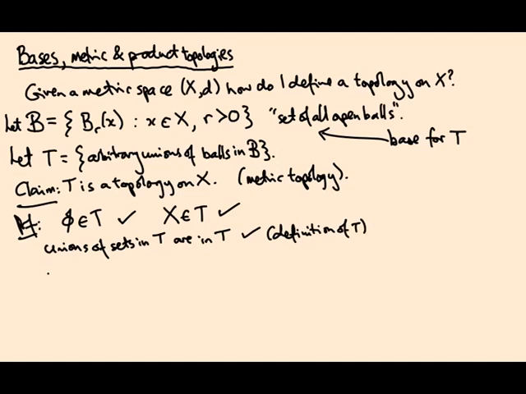So all we really need to check is that the intersection of two open sets in T is again an open set in T. So we need to show that if U and V are in T, then U intersect V is in T.